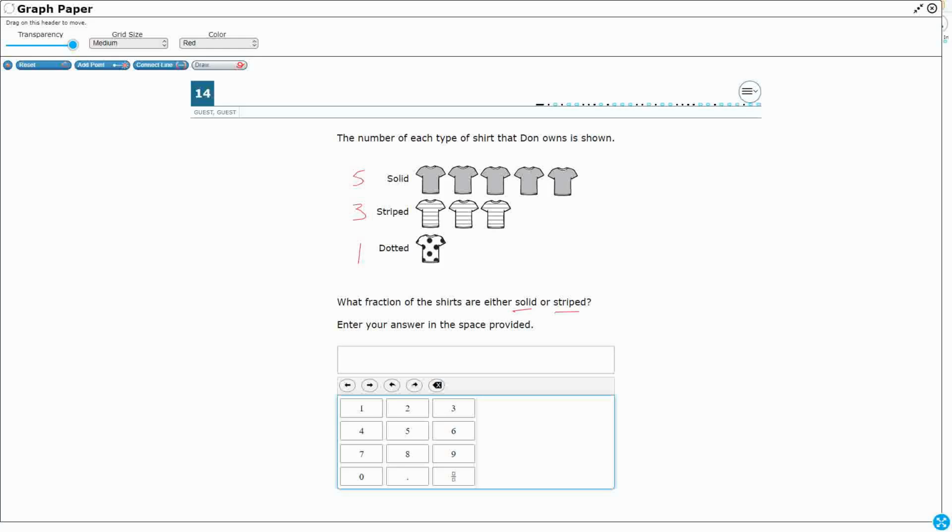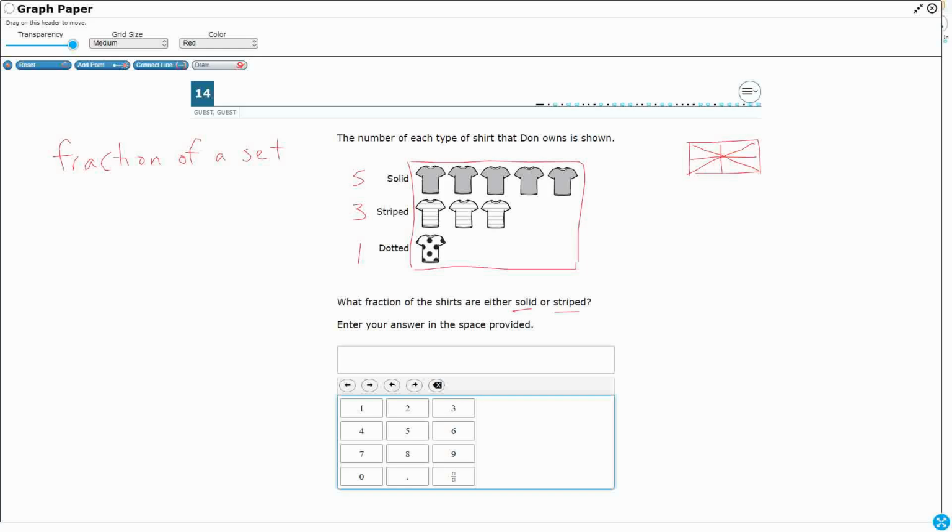Okay, so this is a type of fraction we call a fraction of a set. Sometimes when we're looking at fractions, it's not a whole, right? We didn't take an entire rectangle and break it up into different pieces or something like that. Instead, all of this represents our whole, all of these shirts put together.